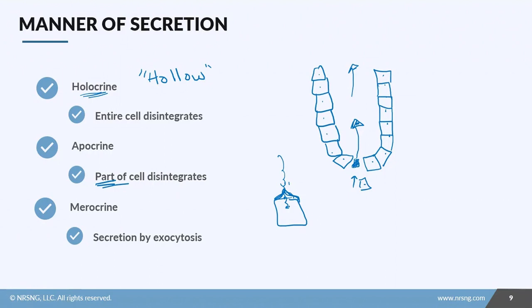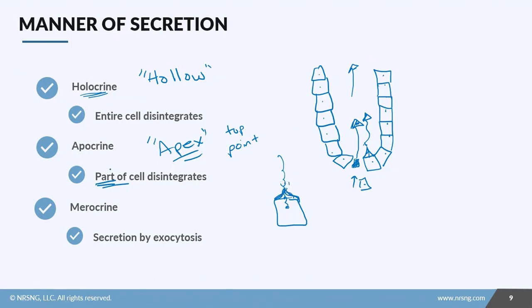So you may see this little pinch up point, and the secretion is able to come out and be secreted. So I remember this with the word apex. Remember, apex means like the top of something, or it might mean something comes to a point. So you can remember that it kind of pinches up and breaks off just this little part of the cell.